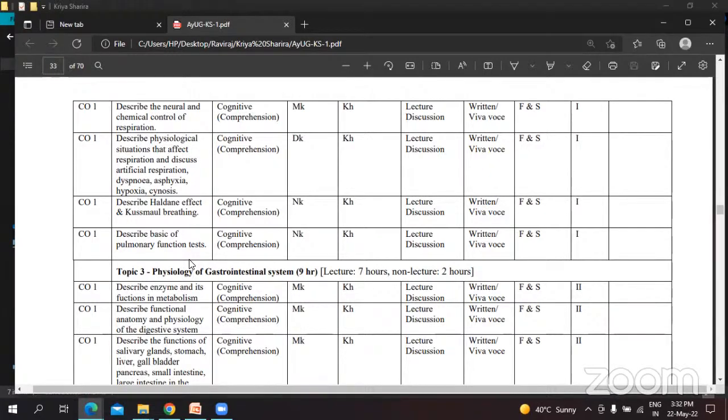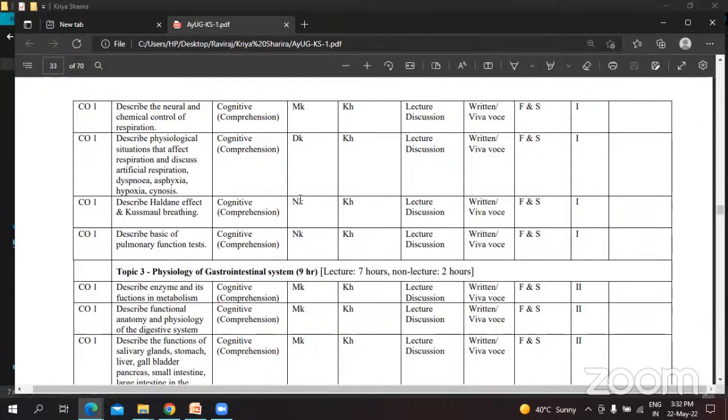Whenever there is a change in the blood pH, the breathing is affected. If the patient's blood is too acidic, if its pH is below the required level, then the patient will have a certain type of breathing which is called Kussmaul's breathing, right? But if some student knows this, it is very good. We will be very happy to know that this particular student is aware of this particular concept.